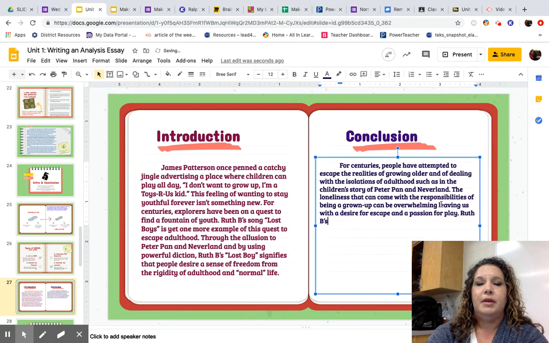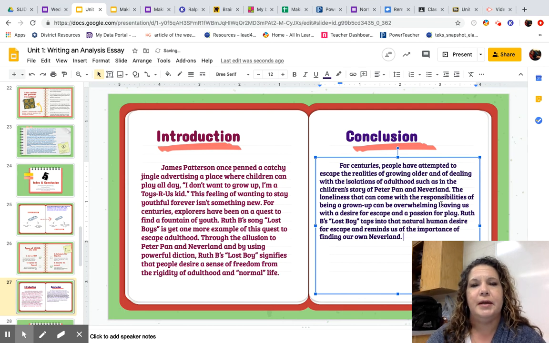Ruth B's Lost Boy taps into that natural human desire for escape and reminds us of the importance of finding our own Neverland. What do you think?